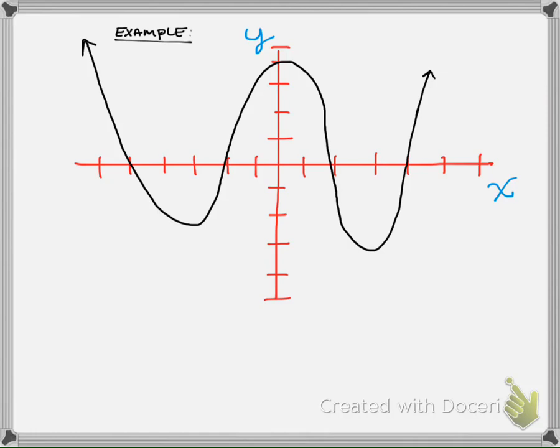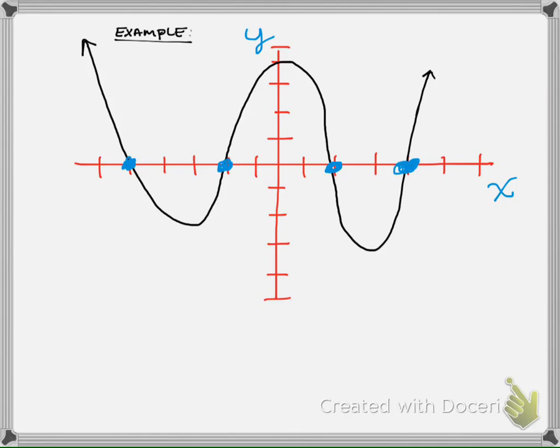So we're going to draw, we used a blue circle to represent all the x-intercepts. So here, we have an x-intercept located here, here, here, and here. So these are all the places we have an x-intercept.